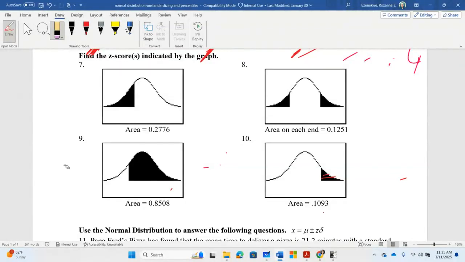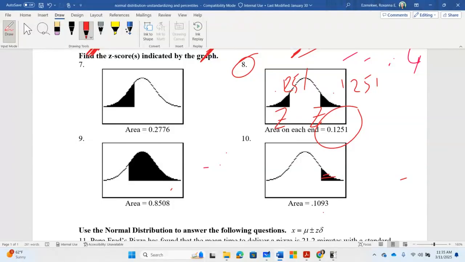Okay, so let's look at number 8 here. The area on each end is 0.1251, and I'm told to find the z-score to the left and the z-score to the right. They already told me that the areas under the normal curve are equal on the tails.